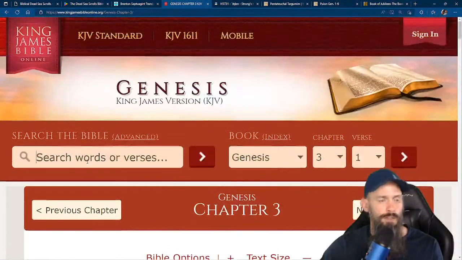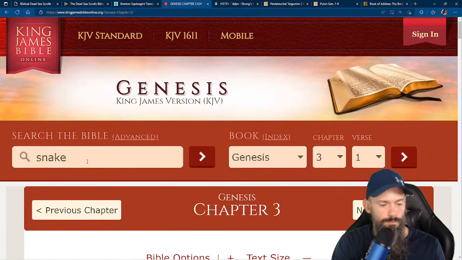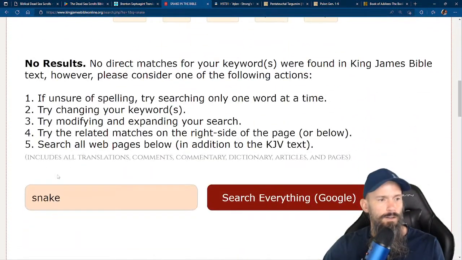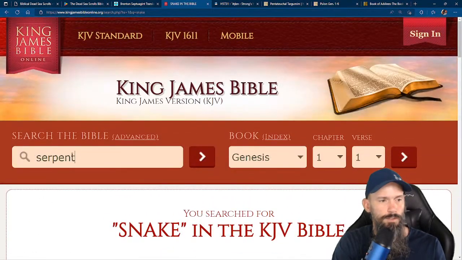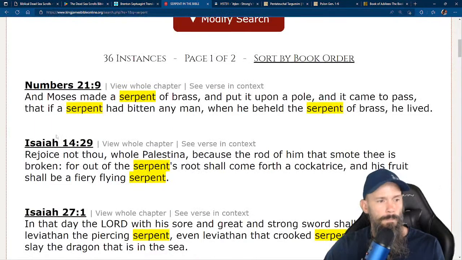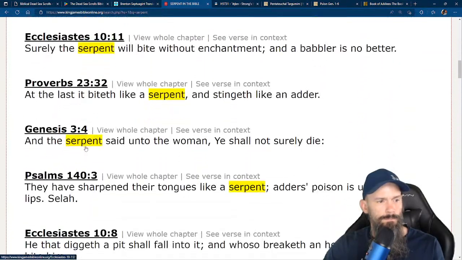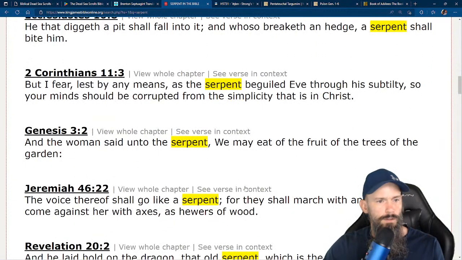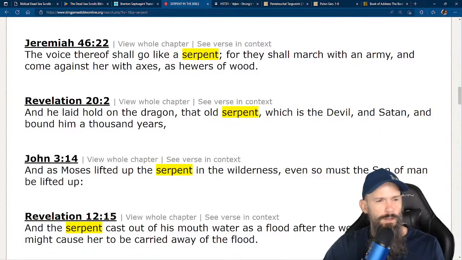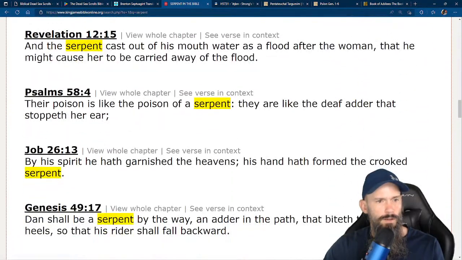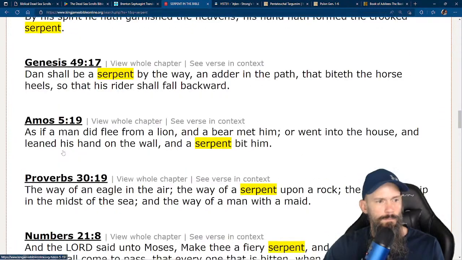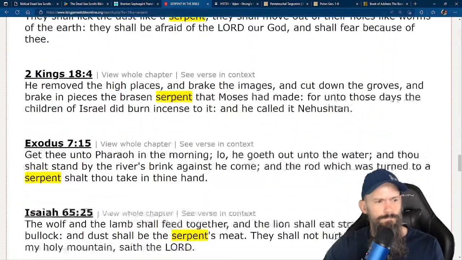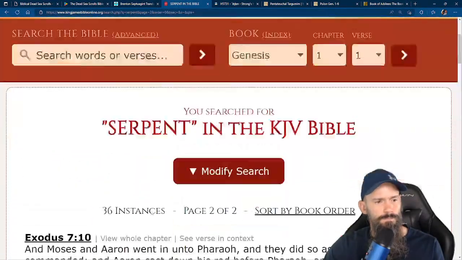Let's see if I can find it. Snakes. Amos. Don't know where that is.